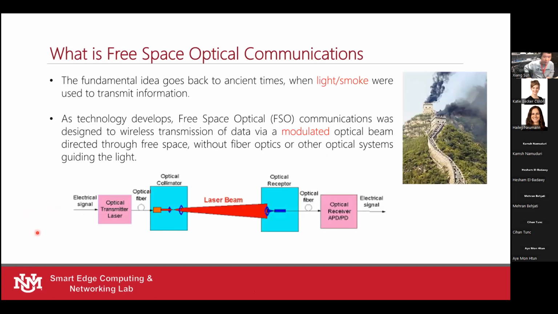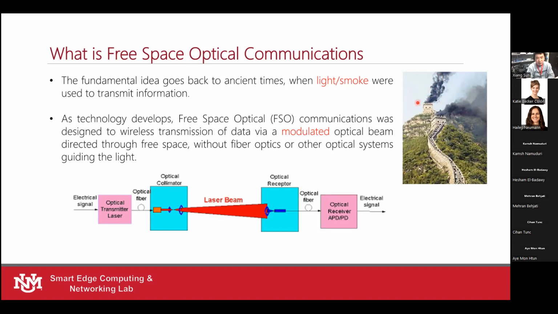All right. First of all, what is free space optical communication? The history of FSO can be traced back to ancient times when smoke signals were used to transmit information. For example, Native Americans used smoke to communicate with distant groups in their tribes, such as warning of attacks from other tribes.